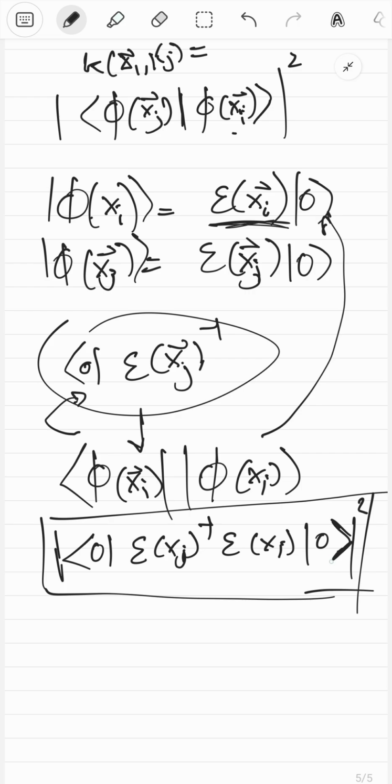So what we are doing is we're taking this zero ket vector, we are encoding it, right? This epsilon xi is like a unitary matrix. It's just a bunch of gates really, and it does something to it, and we get some sort of vector. Then we decode the vector, right?